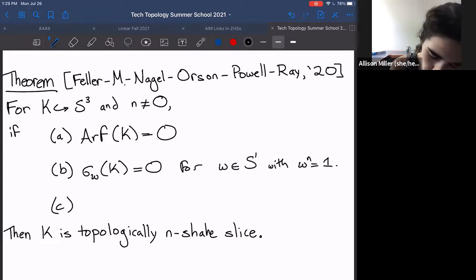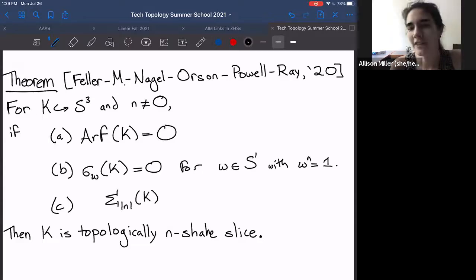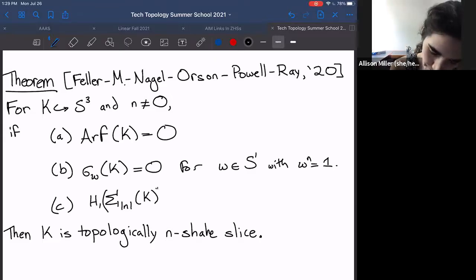And finally, if we look at the n-fold branched cover of K, that's a 3-manifold, we can look at its first homology. And the condition here is that this is trivial.